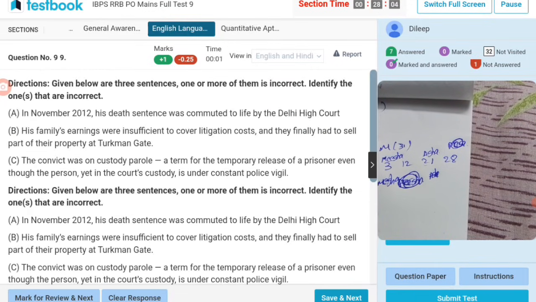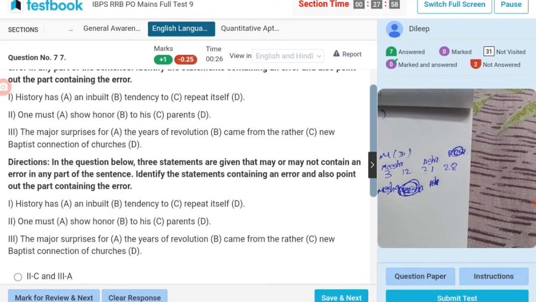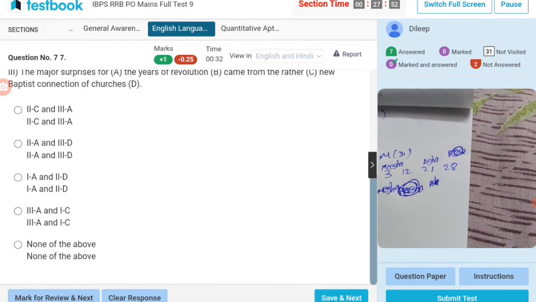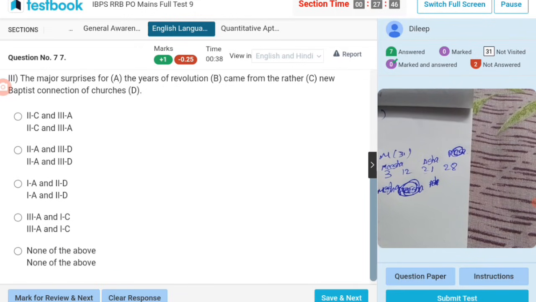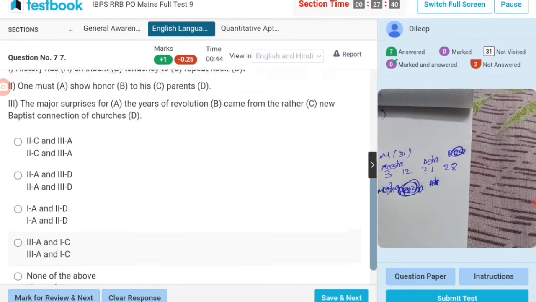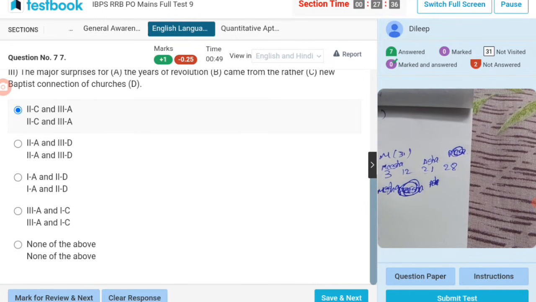Okay, next. The major surprises, I think 3C. Next.